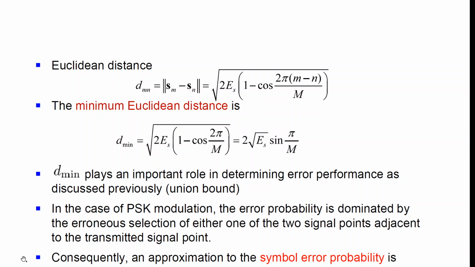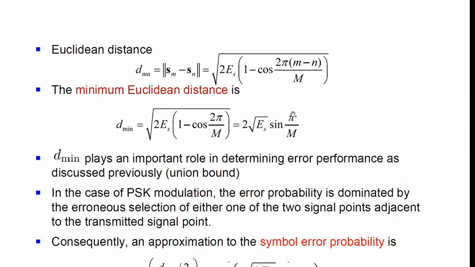So for decoding we need to use only Euclidean distance. So Euclidean distance has an equation like this, and the minimum Euclidean distance is 2 root Es sin(π/M). Now d_min is very important in determining error performance. If the minimum distance is more, the error will be less.